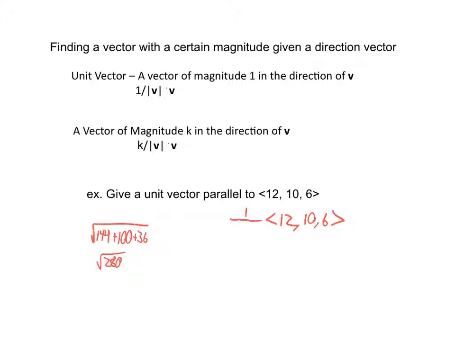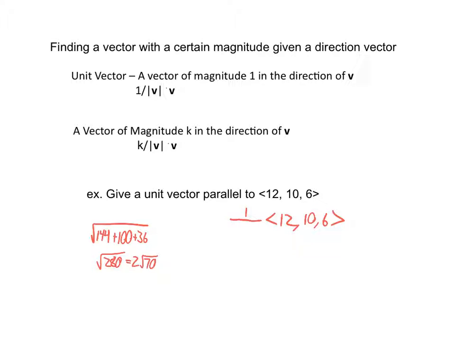Now, whether you choose to do decimals or fractions, I mean, fractions are nice because they, in simplest radical form, keep your answers exact. All right, so the square root of 280, there's a 4 in there, so that's 2 root 70. And then 70 is 2 times 35, so that doesn't simplify any further.